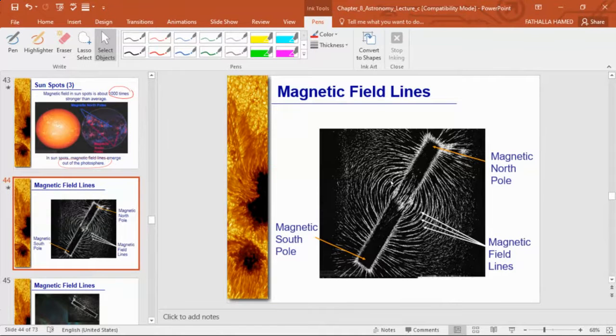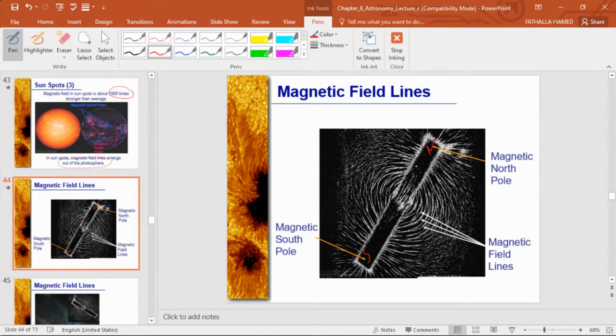This is the magnet here, but these magnetic field lines extend beyond the boundary of the magnet itself. And that's why we say this magnetic field is real. That's why we call it a field. And usually, these magnetic fields go from north to south, and they basically loop like this.